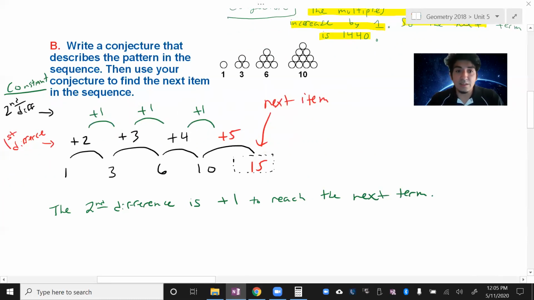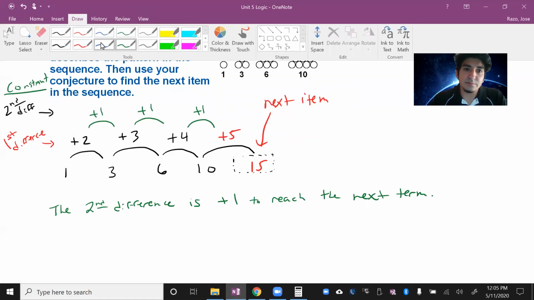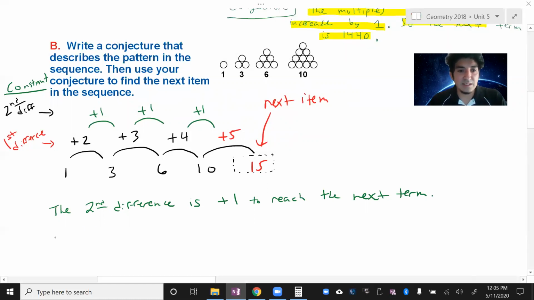We can say that one. Or we could say that the first difference is +1 to reach the next term.